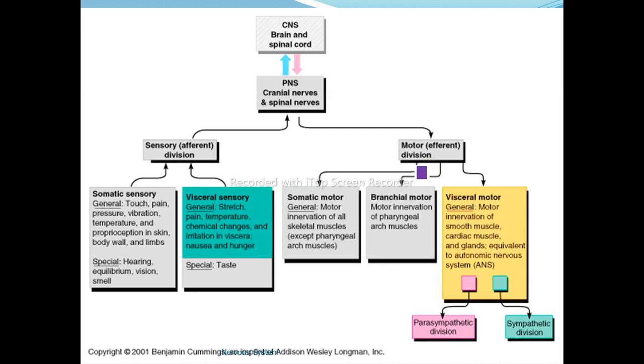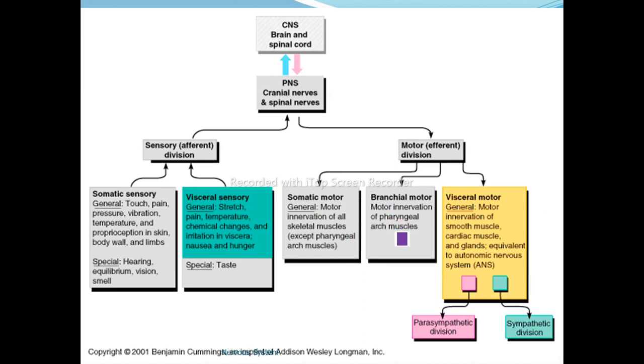The other is the motor or efferent division, having three divisions. The first is somatic motor, the second is branchial motor, the third is visceral motor. General somatic motor includes motor innervation of all skeletal muscles except pharyngeal arch muscles, because pharyngeal arch muscles are supplied by branchial motor. So except for branchial motor, all skeletal muscles are innervated by general somatic motor.